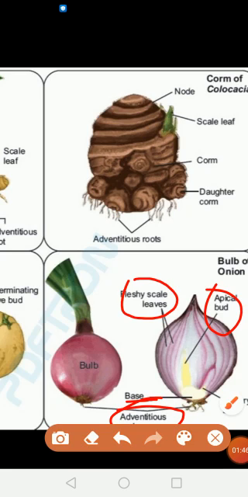These apical buds will form the shoot. So from the base, adventitious roots are formed, and from the bud the shoot emerges. So that's how onion will reproduce by bulb.